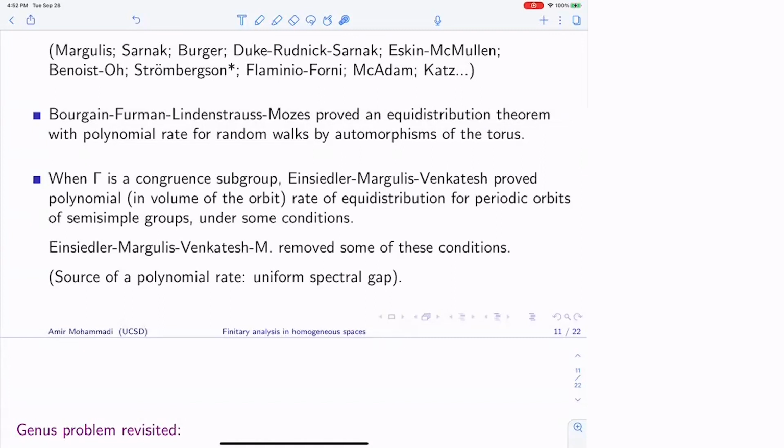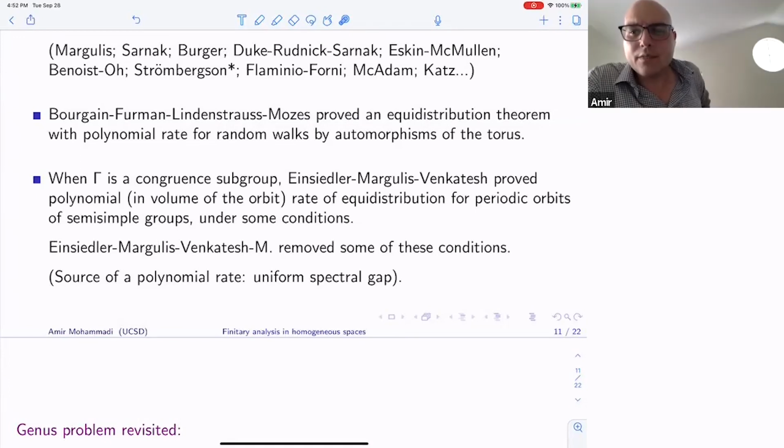We wanted some more quantitative properties for this Glasner property. I guess, you know, Igor, in our recent work, we're interested in polynomial orbits, so quasi-equidistribution was useful. But to apply these techniques, you need some quantitative properties on the orbits of rational points. Like if it has a large denominator, does it equidistribute quickly? And I think Bourgain-Furman-Lindenstrauss-Mozes gives you some information on that as well. That's right. Yeah, I think it does.